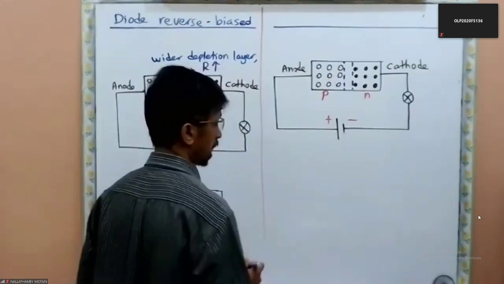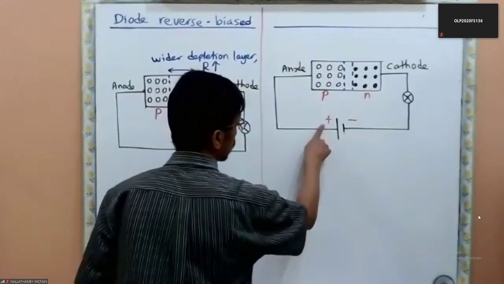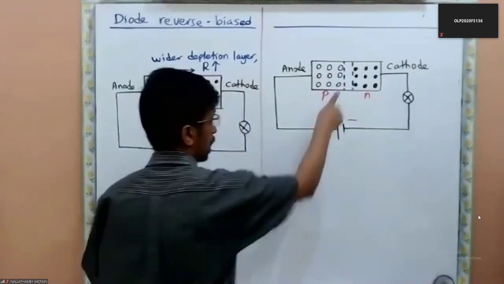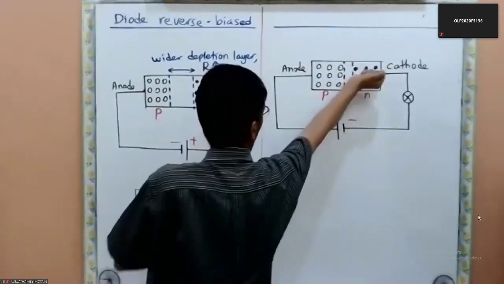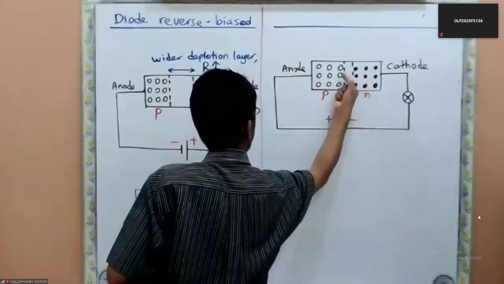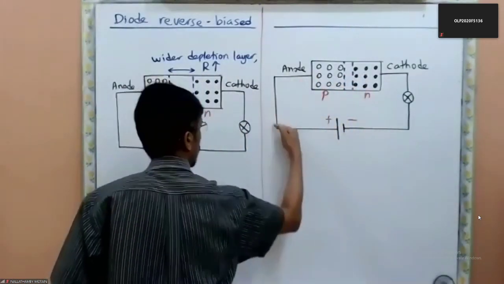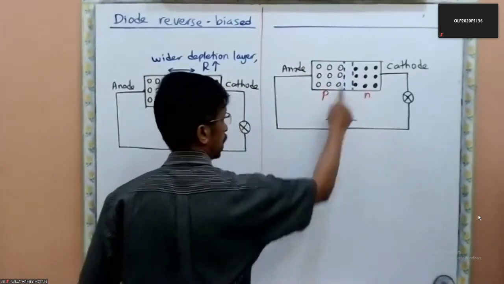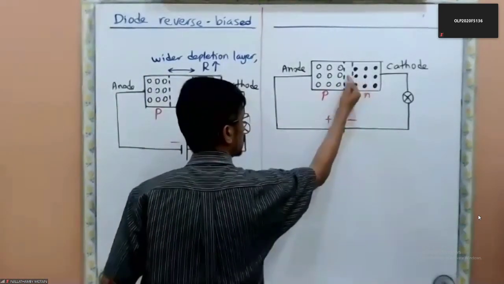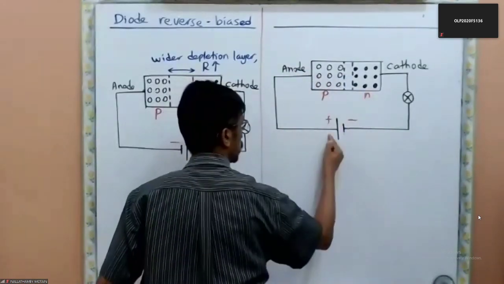Okay. So in this case, what happens is here positive. So the electrons over here will be pulled across the junction, come to the positive terminal.